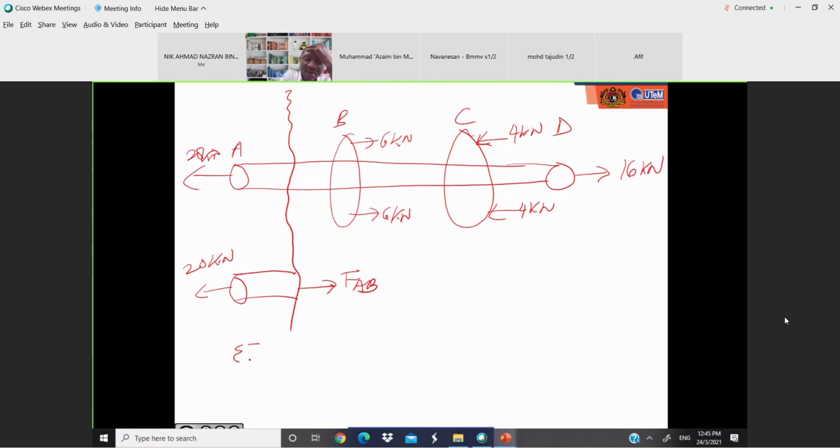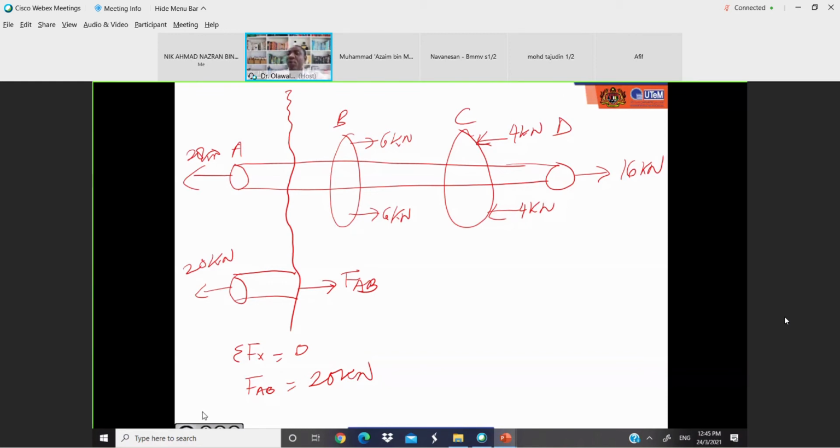Summation of F in X equal to 0. FAB is how much? 20 kN. Simple. That is from the left. Left is fine, right is fine. Okay. Everybody okay with this? Faham?